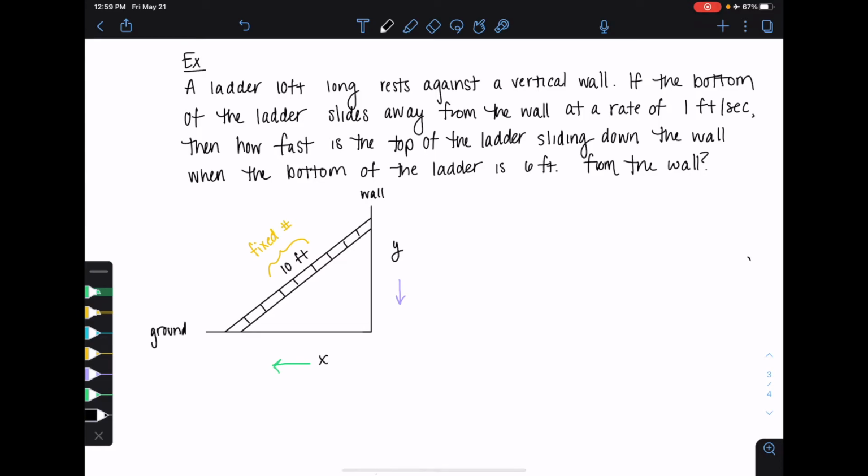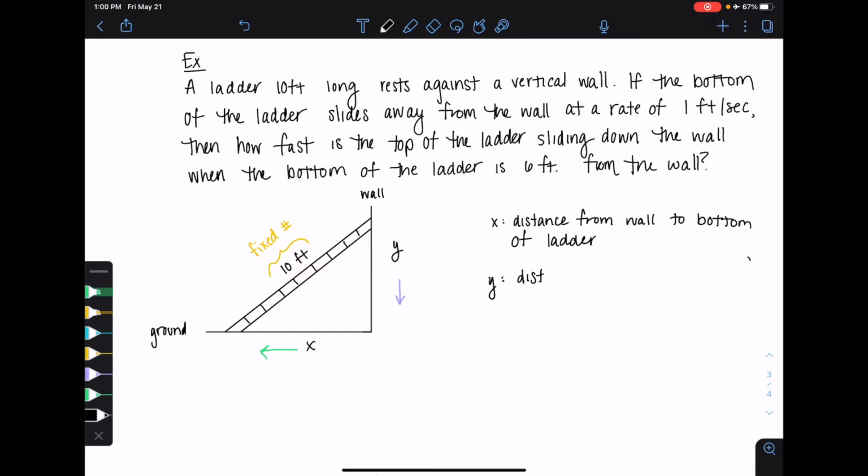We'll keep x to be the horizontal, y to be the vertical. So x is going to be our distance from the wall to the bottom of the ladder. And y is going to be the distance from the ground to the top of the ladder.